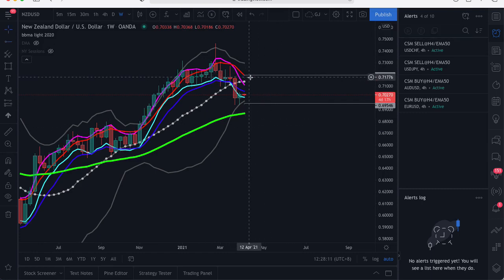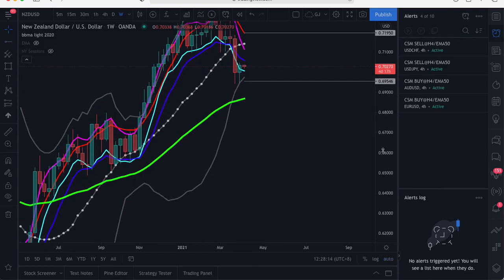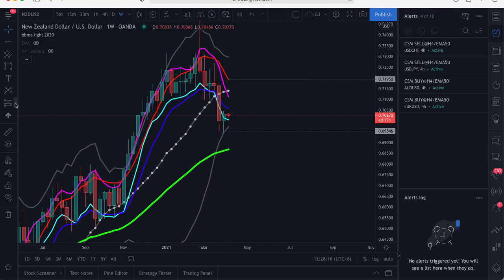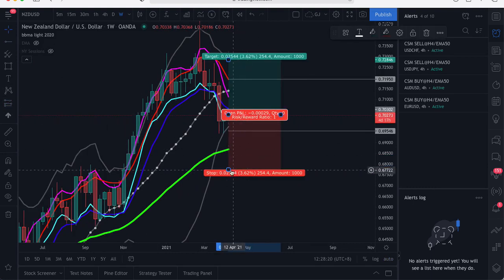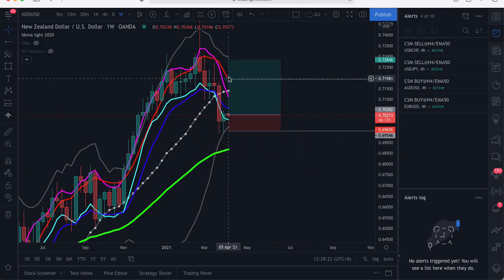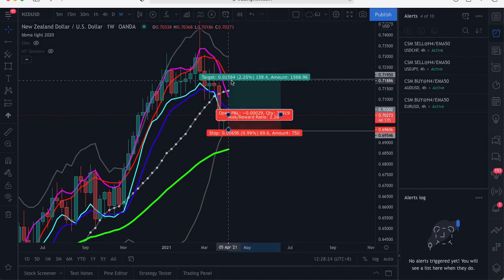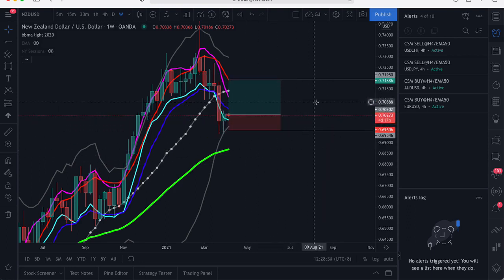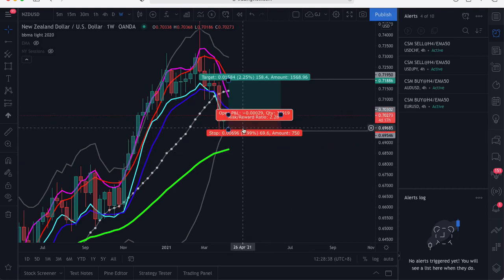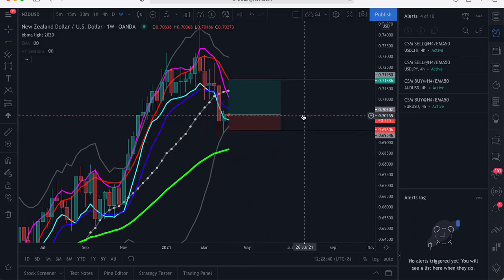So this is our TP target. Our suggested entry will be something like this. So your risk is here, and then your TP will be here. So overall is 1 to 2.2 risk reward. If you lose 1% of your account, and if you win, you will win 2% of your account. However, there are times that we need to close it manually because price action goes against our analysis.